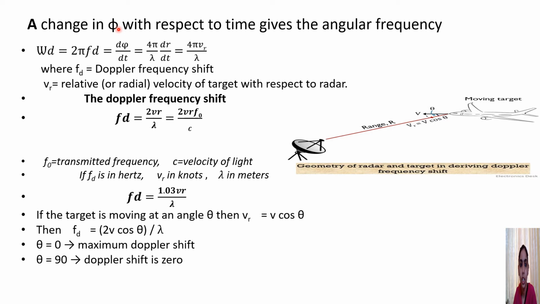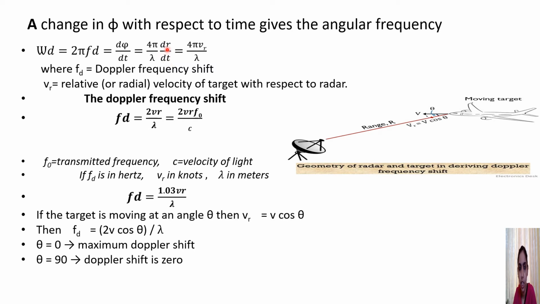Now when you differentiate it with respect to time, that is d phi by dt, it is going to give the omega, or the angular frequency. So omega d, which can also be expressed as 2 pi fd, is d phi by dt. That is, we have 4 pi R by lambda, so 4 pi by lambda into dR by dt.